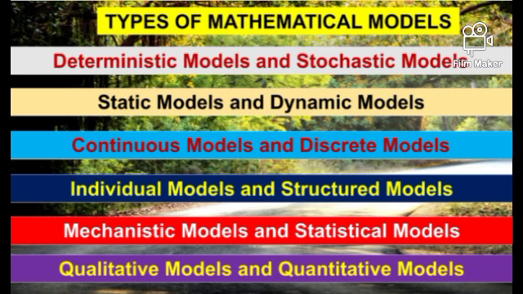Mathematical models can also be classified as mechanistic models or statistical models. Statistical or empirical models are usually regression based. They provide a quantitative summary of the observed relationships among a set of measured variables.